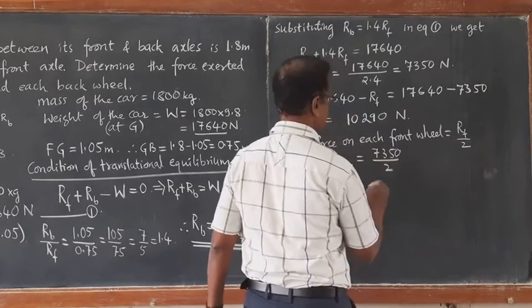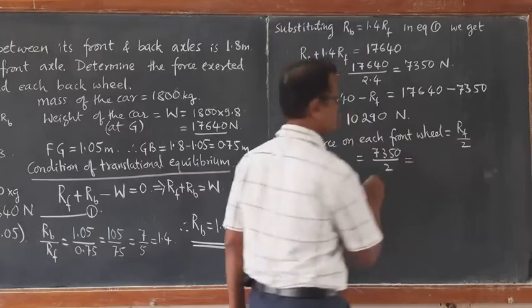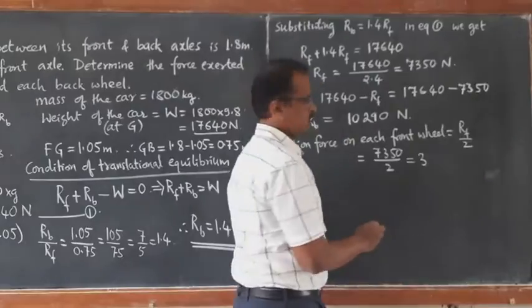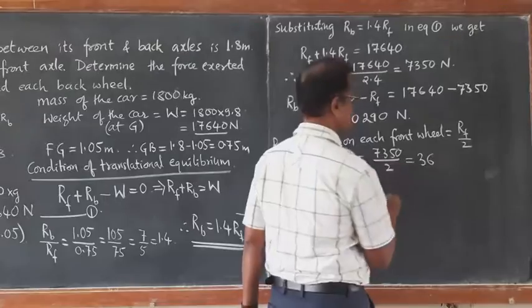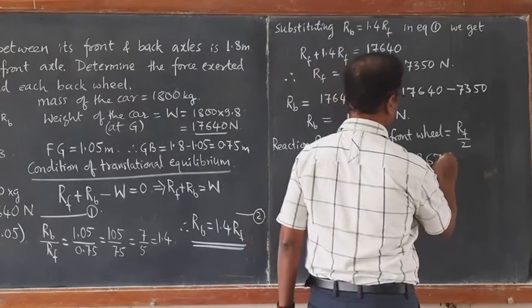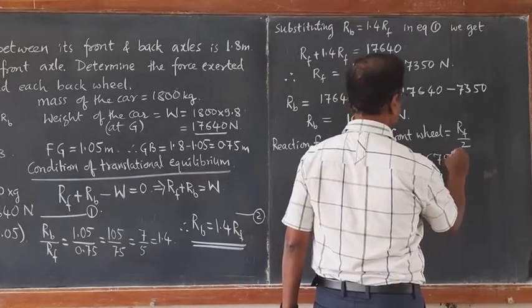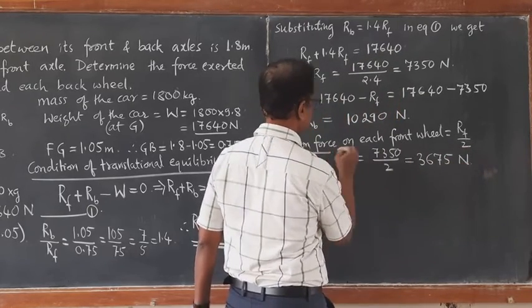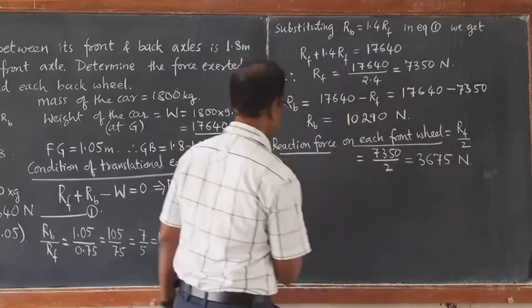If you simplify this, it comes out to be 3,675. So this is the total reaction force on each front wheel.